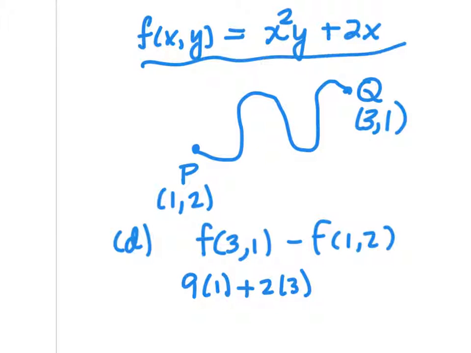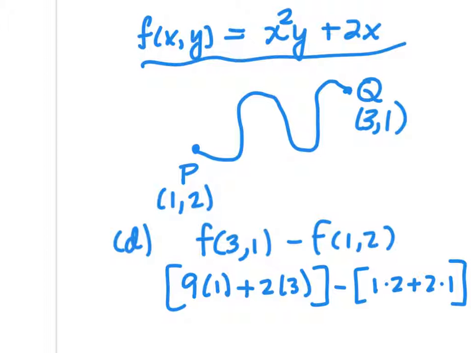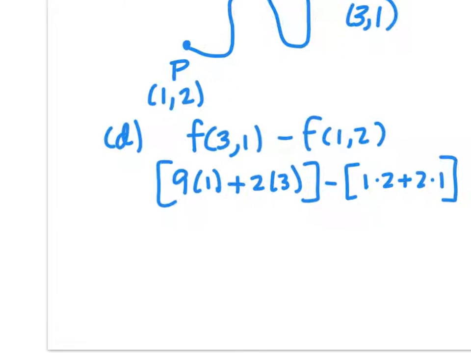Again, I'm using this function here. And f of 1, 2 is 1 times 2 plus 2 times 1. So what is that? That's 15 minus 4, which is 11.